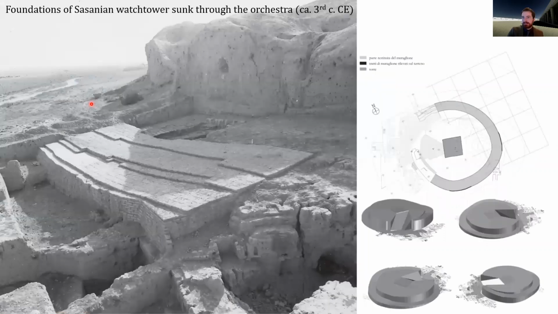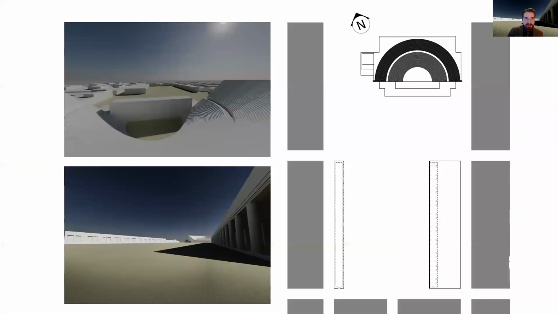And just a little bit that we will talk about later on, a Sasanian watchtower was sunk through the orchestra because it was a massive mound in a flat place. So the Sasanians are like, hey, we should use this because it is a good place to put a watchtower. You know, we're high up in the air.